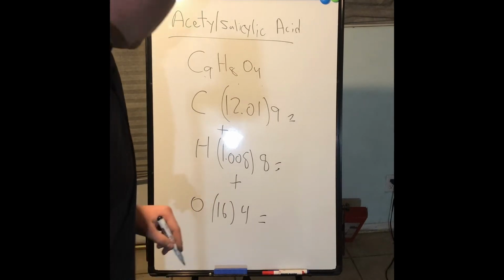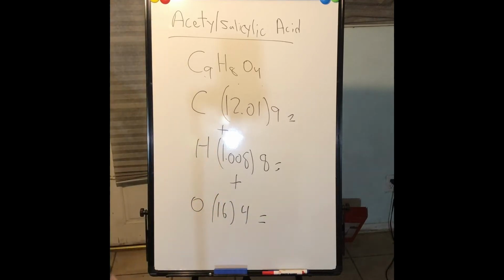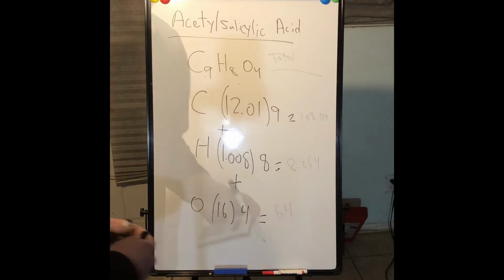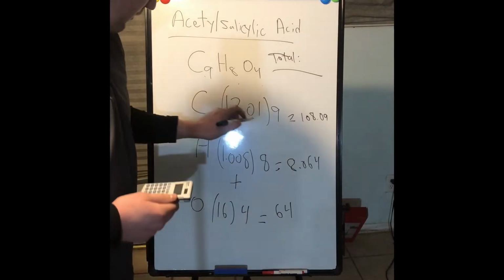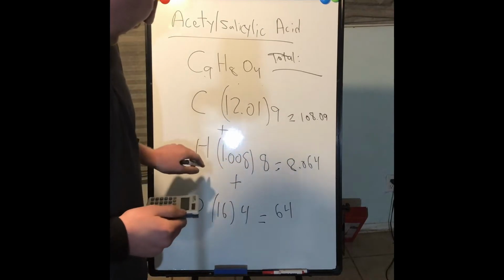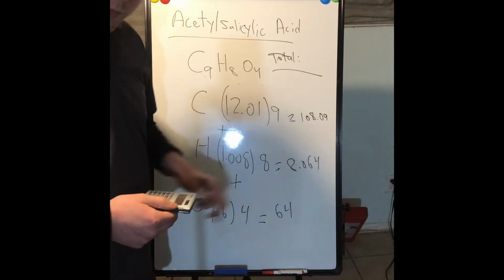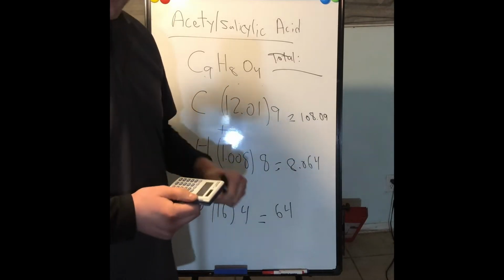12 times 9. Okay, so the total for the carbon is 108.09, and we have 8.064 for the hydrogen, and just 64 for the oxygen.